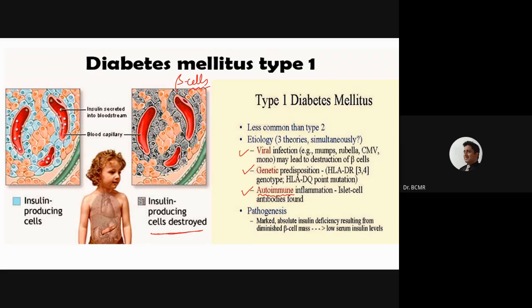Because of autoimmunity or whatever could be the case, the beta cells are dead, and beta cells are the ones that produce insulin. If beta cells are dead, insulin is not produced, because of which the blood glucose increases.